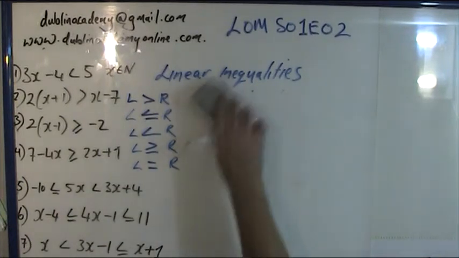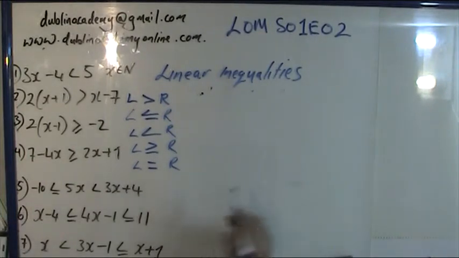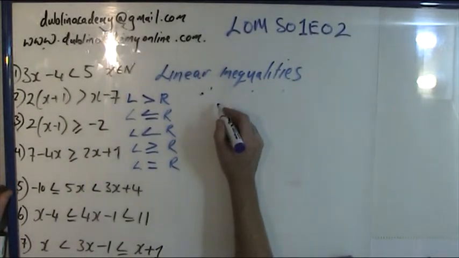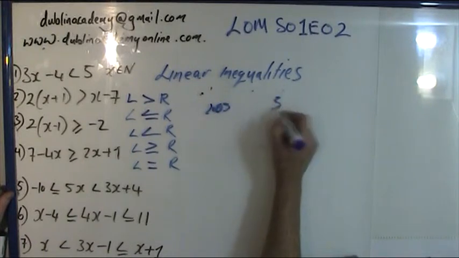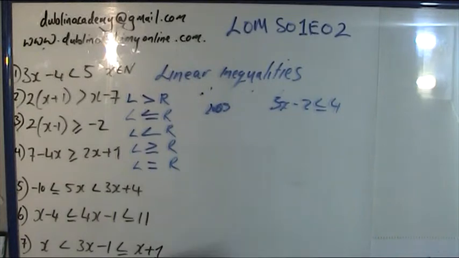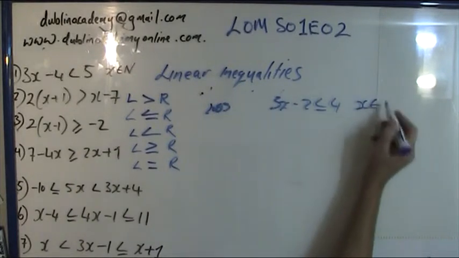Okay, so let's have a look at the question. We'll pick one of the Leaving Cert questions, question 2005. It says 3x minus 2 is less than or equal to 4. Now, this is a linear equation, and x is an element of Z, it says.